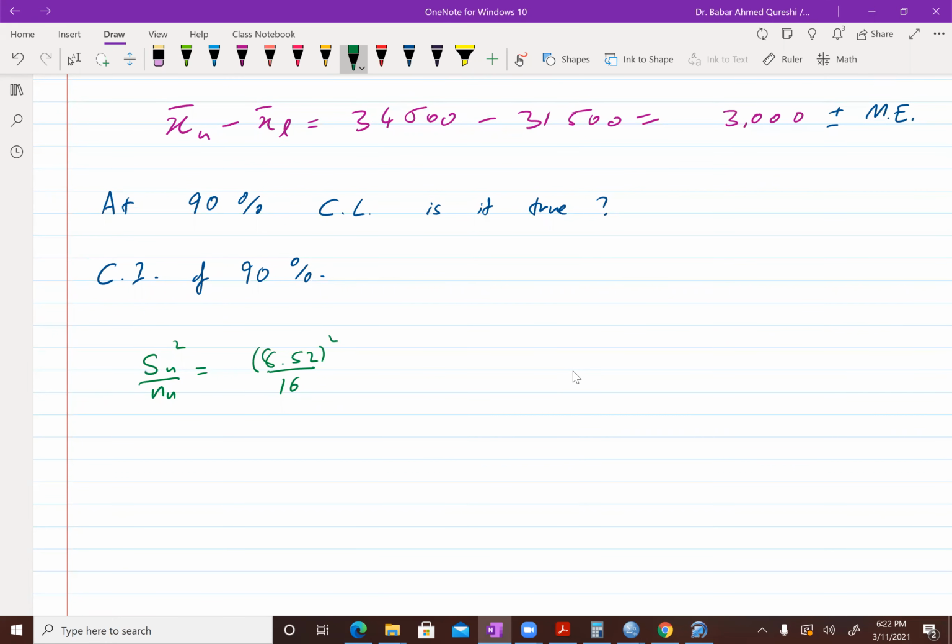This is the sample size and U. And this gives me this number, which I had already computed. And then you have to do SU square and U whole square divided by NU minus 1, which is 15. And when you do this computation, you get this number.